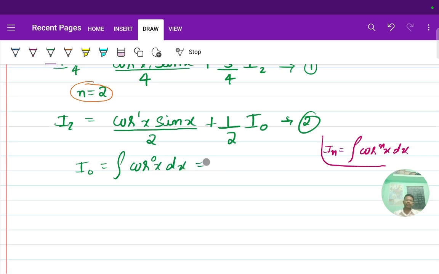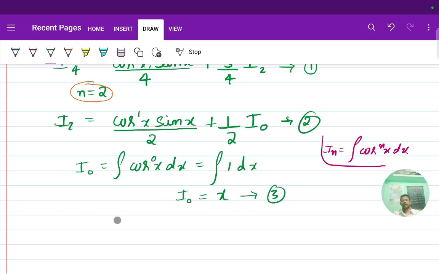What is cos power 0? It is 1, so integration 1 dx. What is integration of 1? That is x. So I naught is equals to x. Let's take this as equation 3. Did you understand up to here?